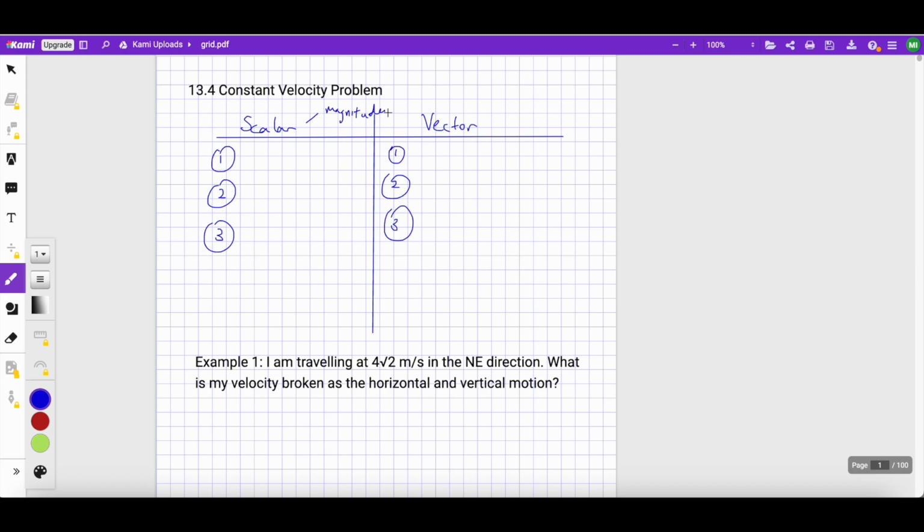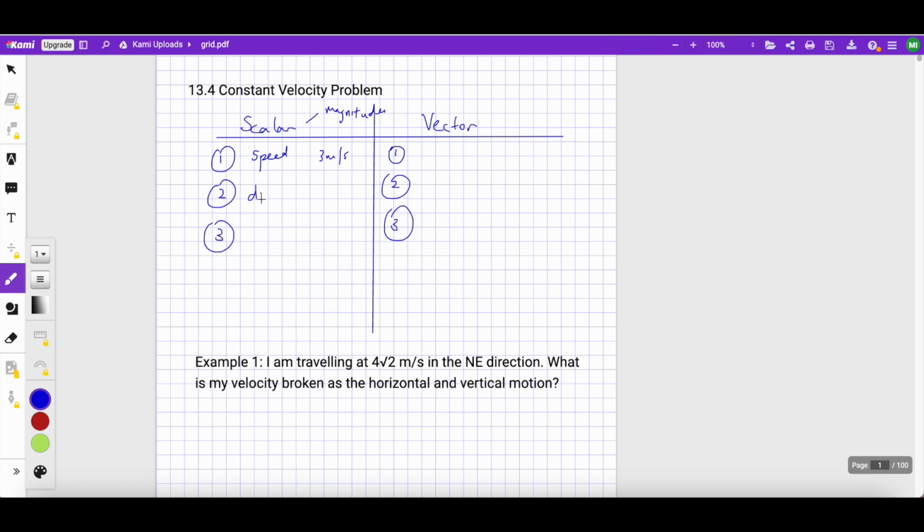What it means is that it doesn't have any direction. It just tells you, hey, this is my quantity. For example, speed. If we are going at 3 meters per second, it doesn't say whether it's going to the left, to the right, up or down. It's just a magnitude.